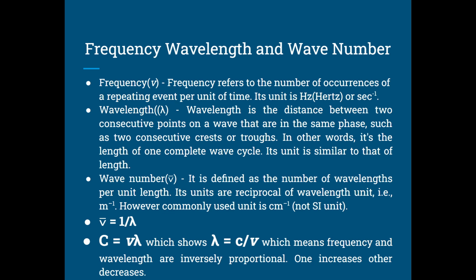Now this formula shows that we can write lambda equals c by mu. So if lambda is increasing, then mu is decreasing, meaning as wavelength increases, frequency decreases. This signifies that they are inversely proportional. Please keep this in mind, because it's going to help you in future.